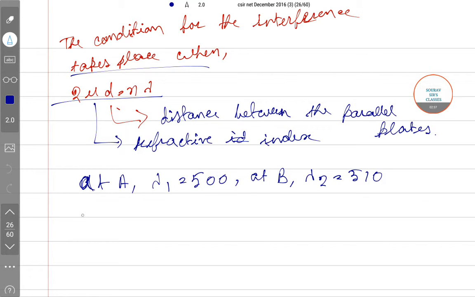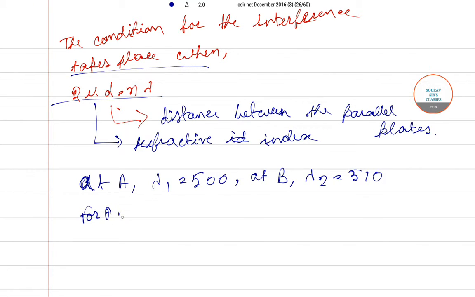So for A, 2 mu d equals n lambda 1, and for B we have 2 mu d equals (n plus 1) lambda 2.